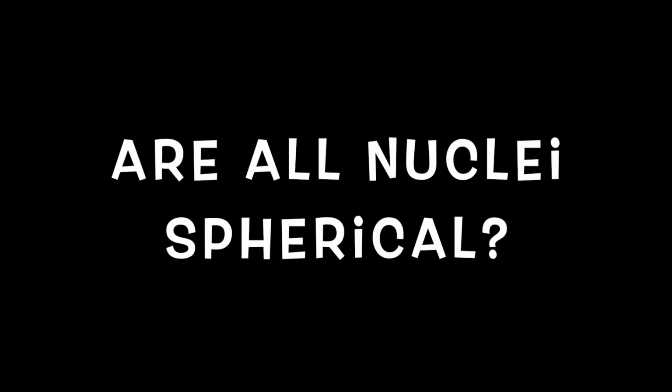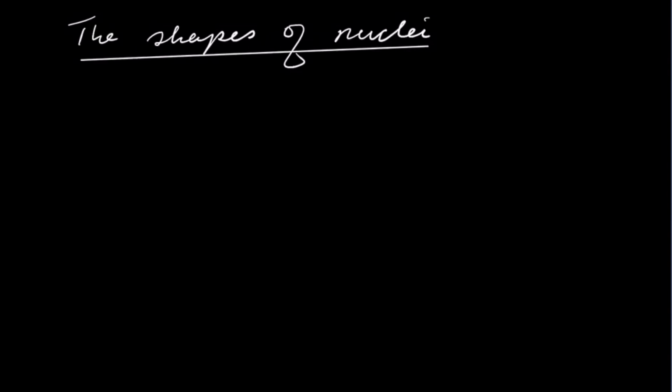Let's revisit the shapes of nuclei. The wave function of the inner electrons of the larger nuclei penetrates the nucleus, hence distorting its charge density. The distorted charge density affects the spherical shape of the nucleus.